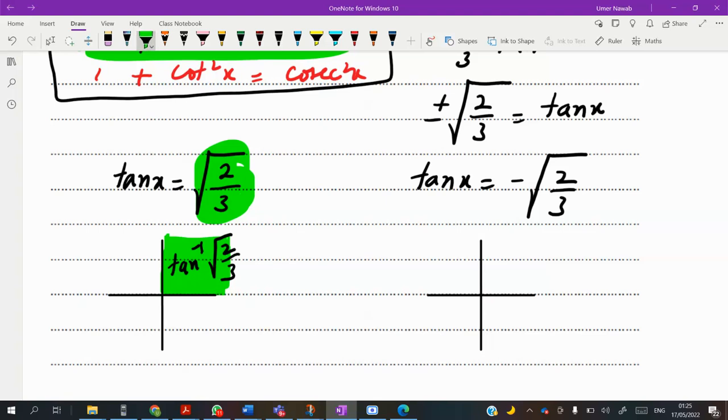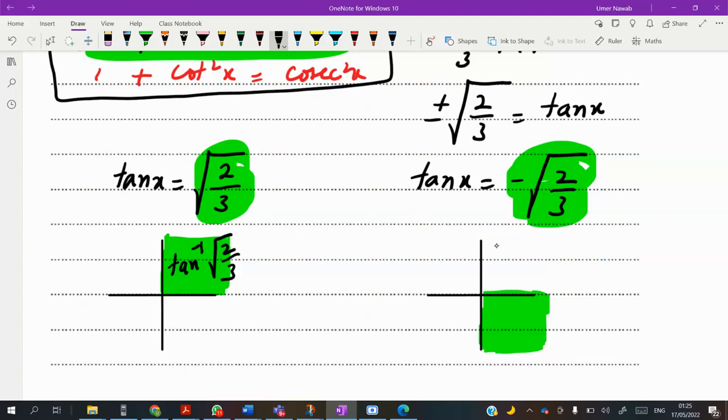And in the second equation, the tan is negative. Tan negative is in the second quadrant and the fourth quadrant. So I'm using this one because it comes within the range.